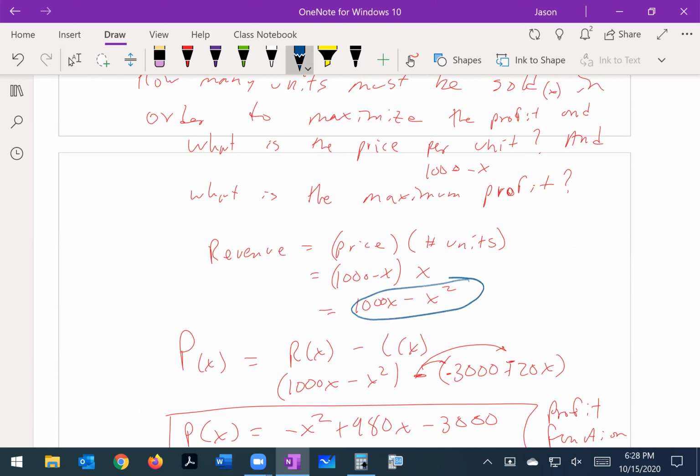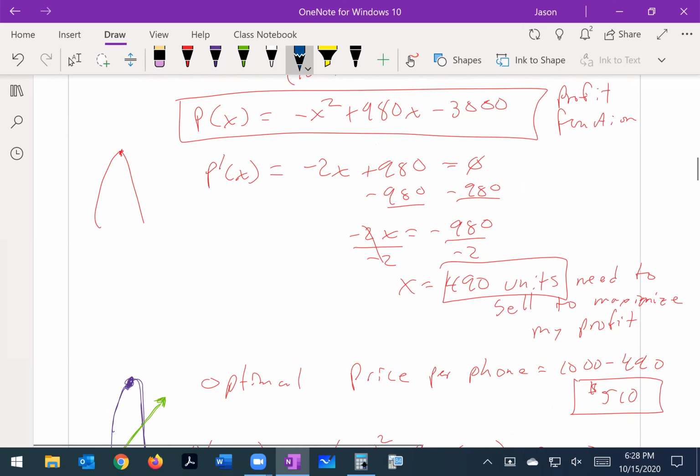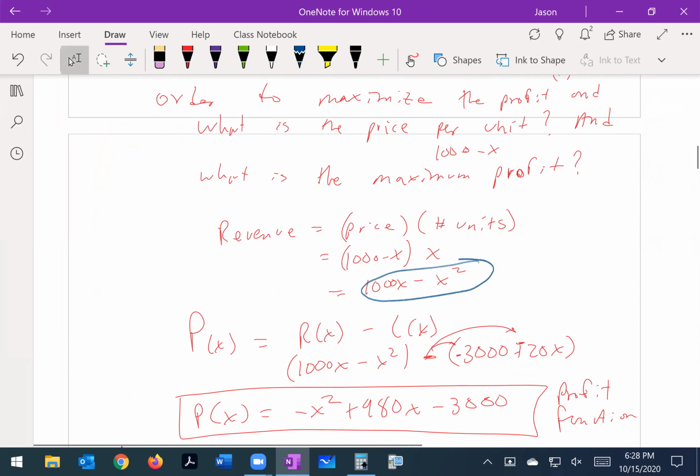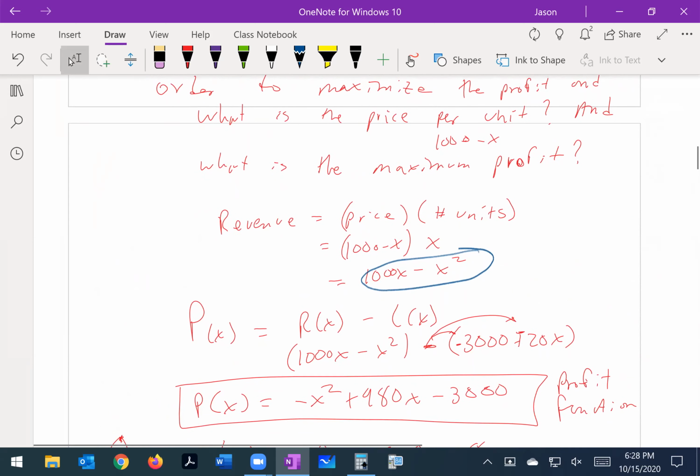Which is really a parabola, and 500 is the vertex on that one. I don't know what the height is on that one. It's going to be whatever 1,000 times 500 minus 500 squared is.